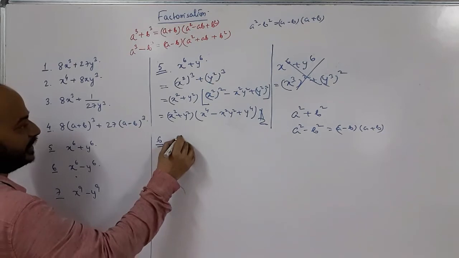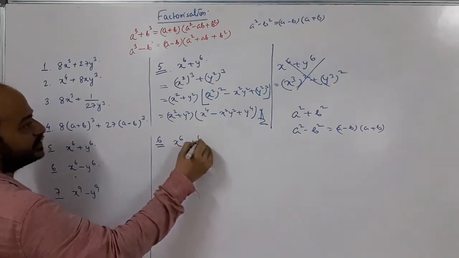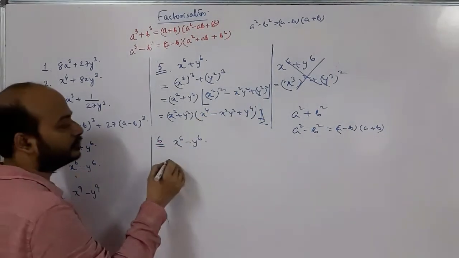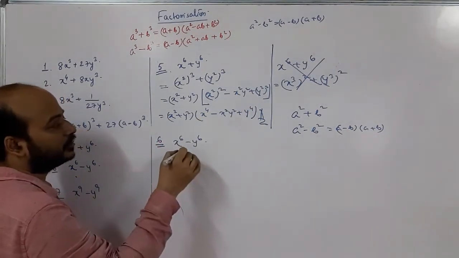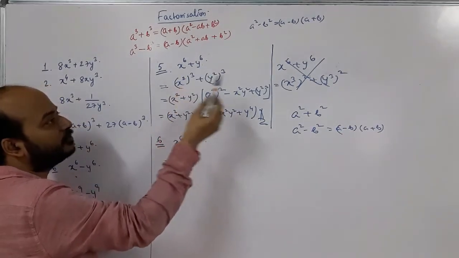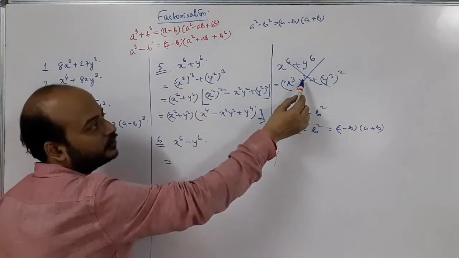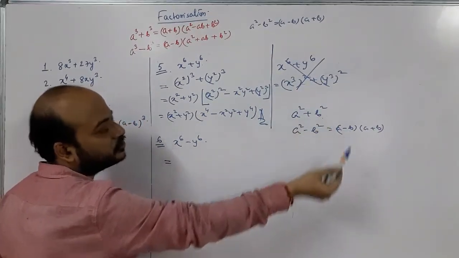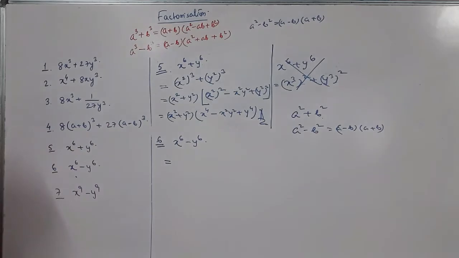Okay, now see this one, x6 minus y6. Now just now I told you this one, it is of no use breaking in this way, in the form of squares, because a square plus b square, you don't have any formula for factorization.